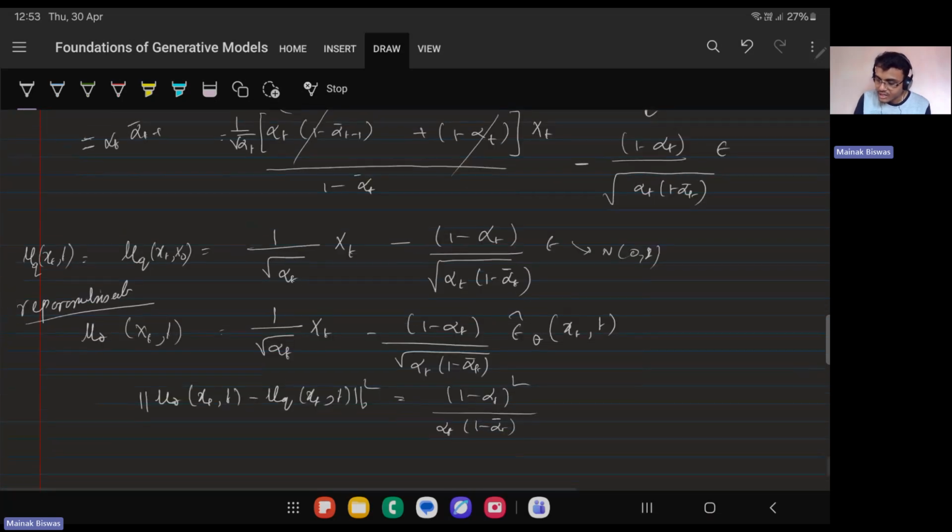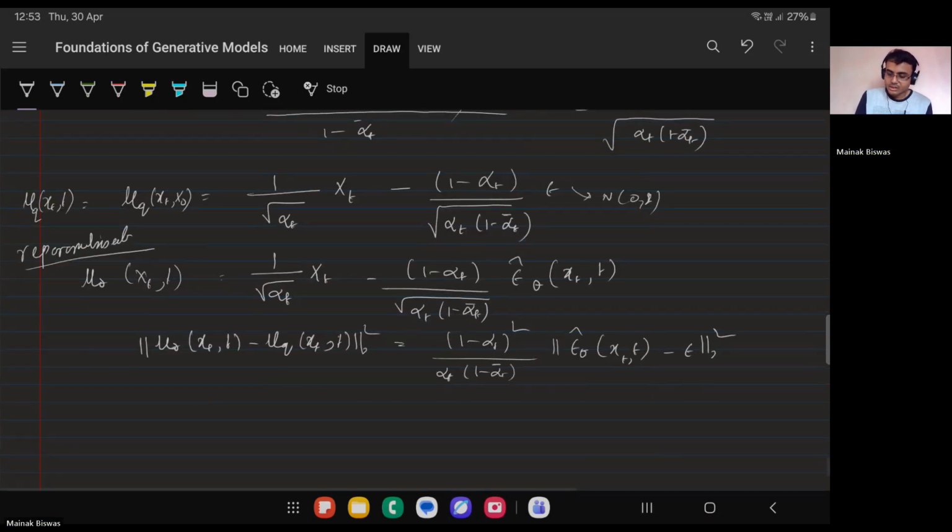This is the common term, and I'll have epsilon theta minus epsilon of xt. This is why it's called a denoising term. See, so this is my loss function. If you are trying to understand what this means in terms of the architecture, this is 1 by 2 sigma qt squared.